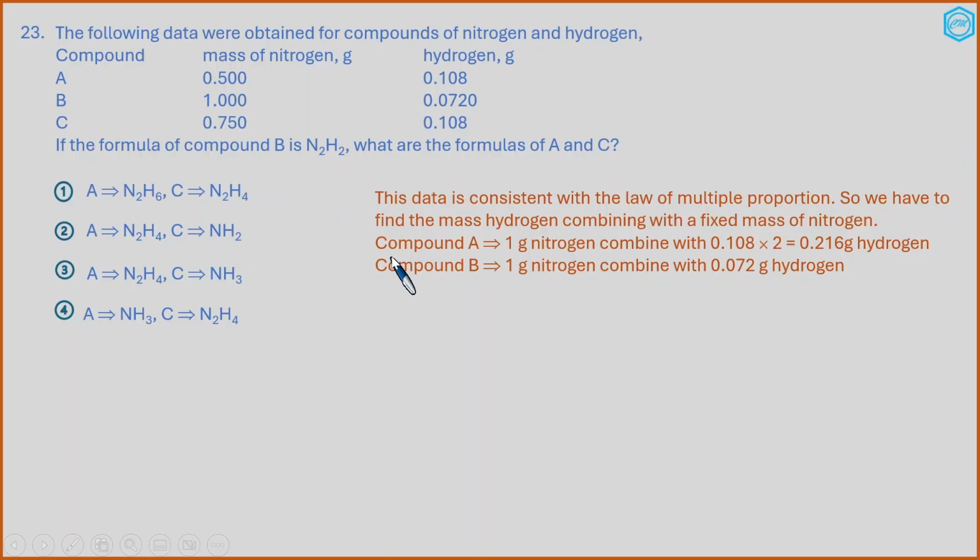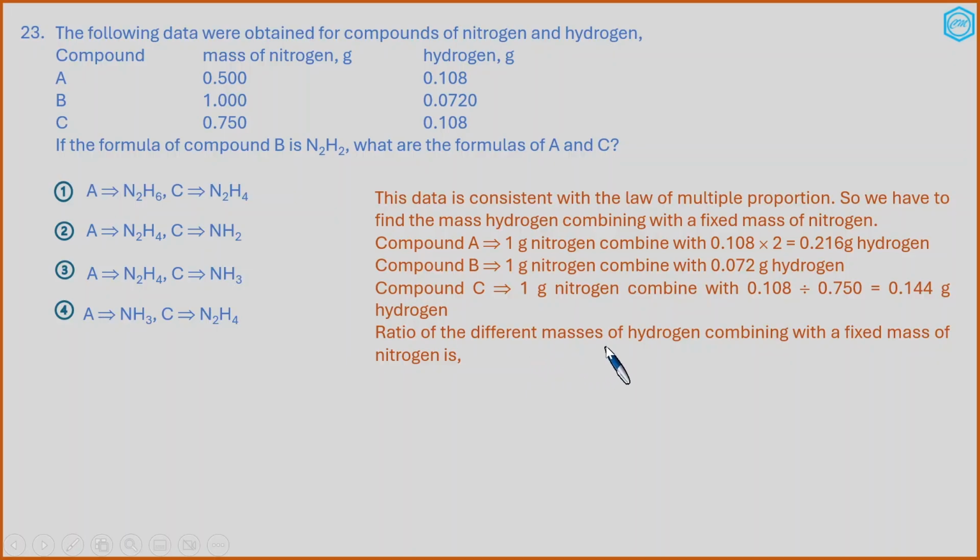Now take compound B. Here the amount of nitrogen is already 1 gram, and it combines with 0.72 gram hydrogen. In C, 0.75 gram, so 1 gram nitrogen combines with 0.108 divided by 0.75, that is 0.144 gram hydrogen.